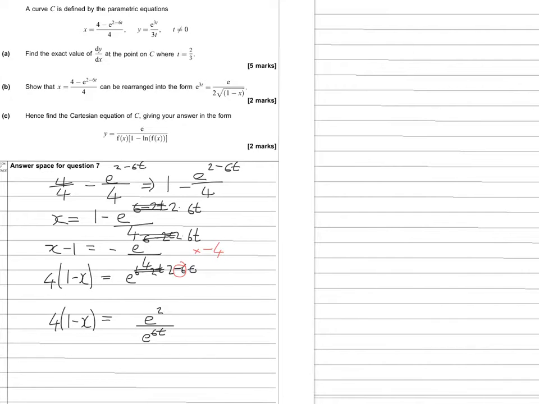Now times by e to the 6t, divide by 4 times 1 minus x, and I get e to the 6t equals e squared over 4 times 1 minus x.